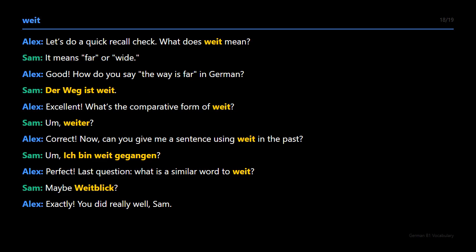What's the comparative form of weit? Weiter. Correct? Now, can you give me a sentence using weit in the past? Ich bin weit gegangen.